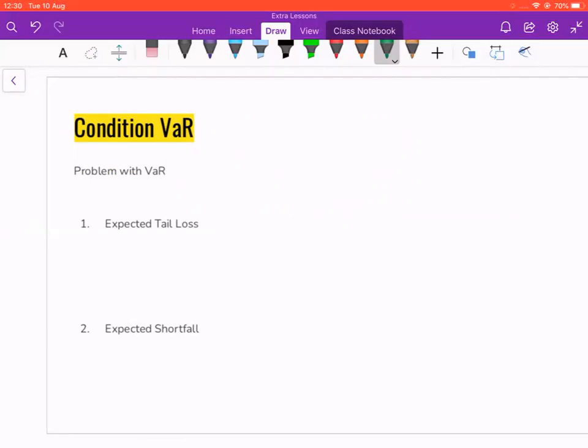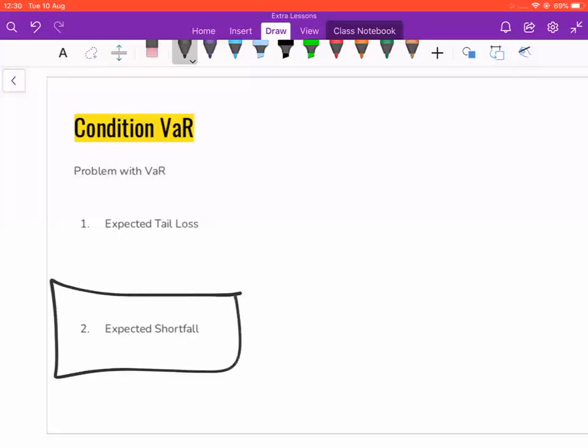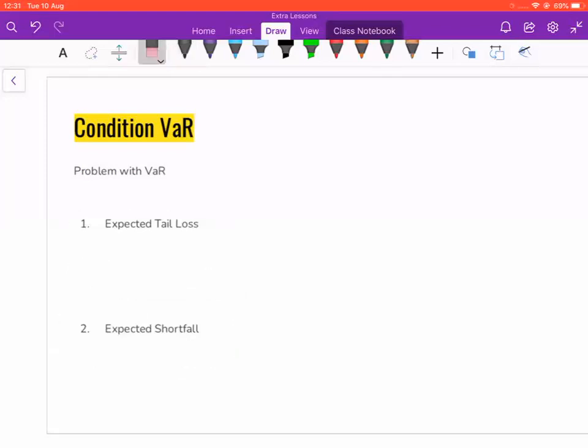I've checked the past papers for a question relating to expected tail loss and expected shortfall. They do have questions for expected shortfall because it's much easier to find. This one, not so much, so I think that's why they don't test it that much, but we can do it anyway.